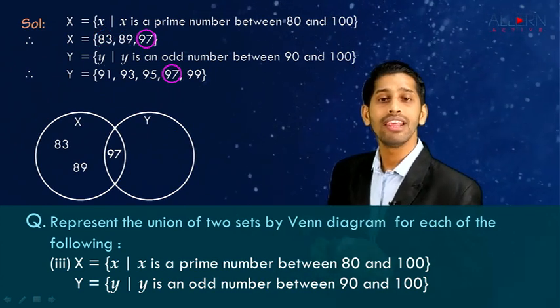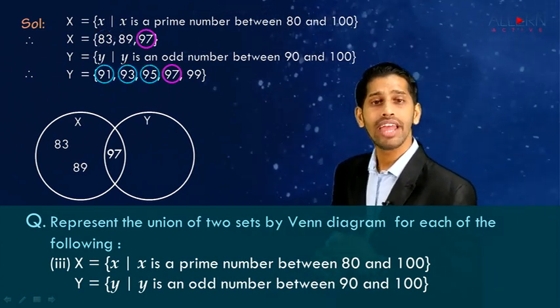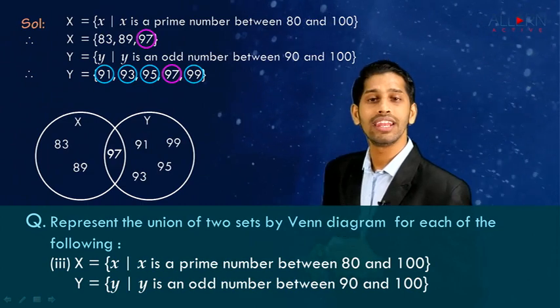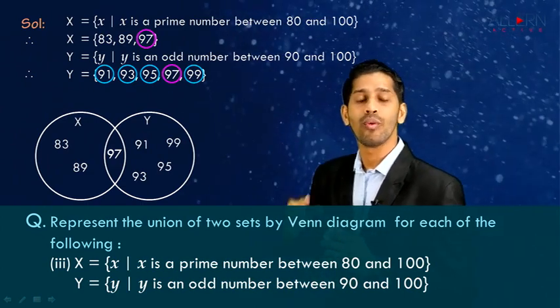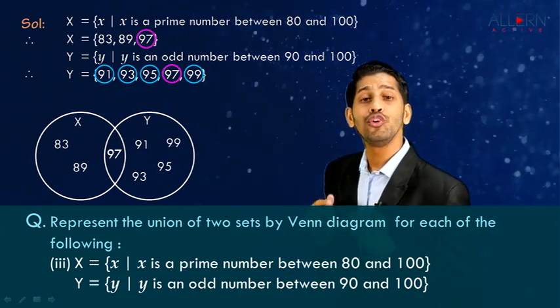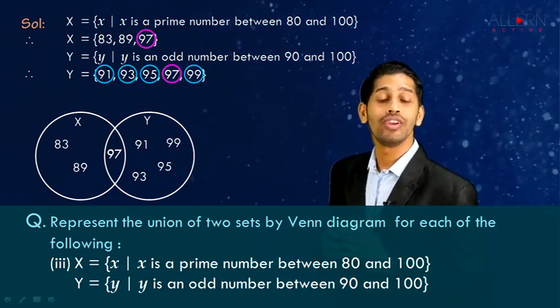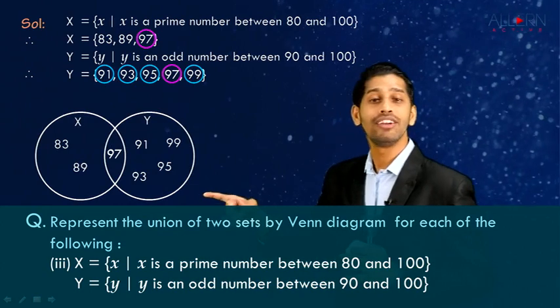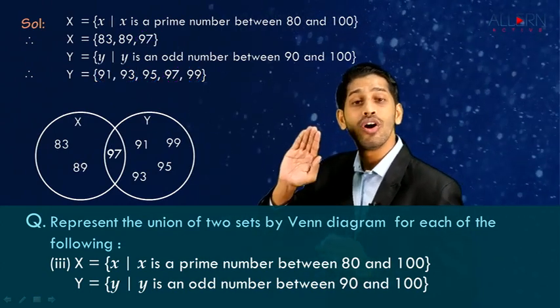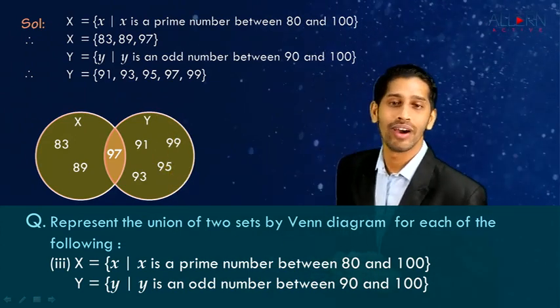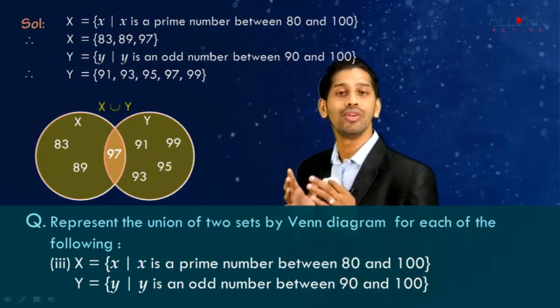We can write anywhere, so it is 91, 93, 95 and 99. All these elements we write in the circle belonging to set Y. Now since we have to represent the union, and union means we have to write all the elements of set X as well as set Y, that means we need to shade both set X and set Y, and that is nothing but X union Y.